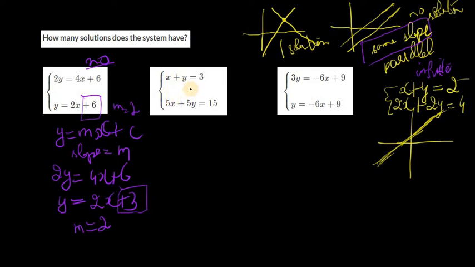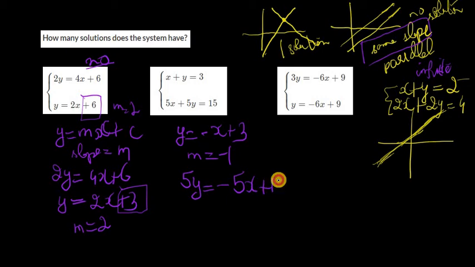Let me check once again for the slope of both of them. For the first one, I'm going to write this as y equals negative x plus 3. I just subtracted an x from both sides to bring it into this form, and so our m here is negative 1. For the second one, I have 5y equals negative 5x plus 15.